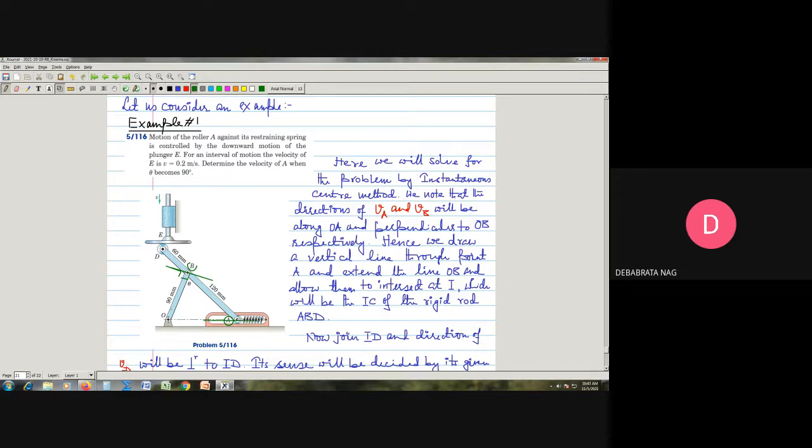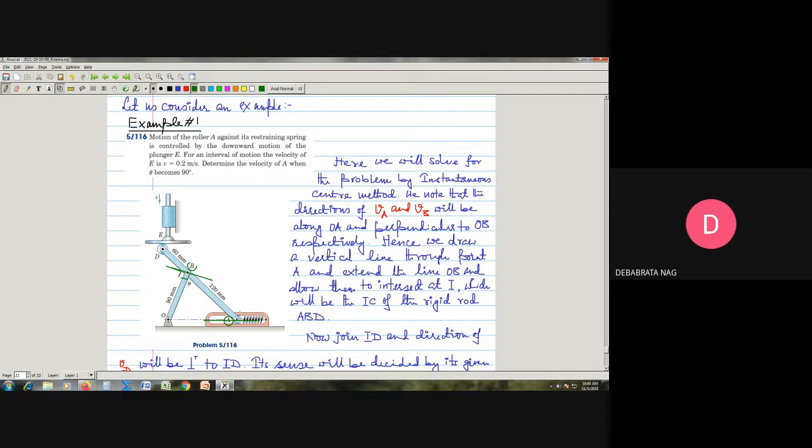This horizontal line will be the direction for the velocity of A, and this line, which is perpendicular to this link, will be the direction of VB. Hence we draw a vertical line through the point, since the direction of the velocity is completely known.